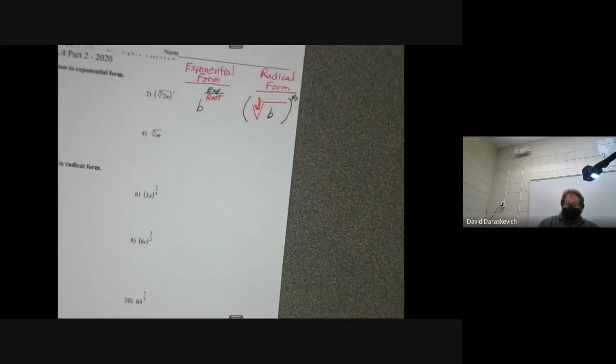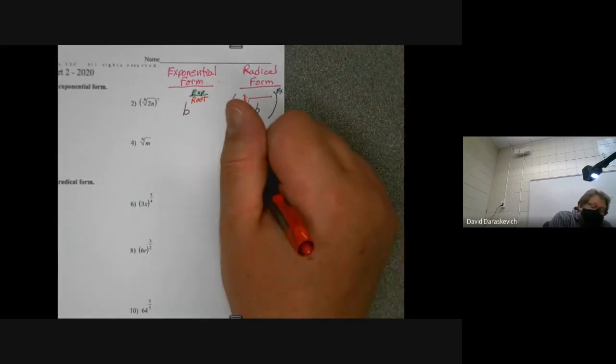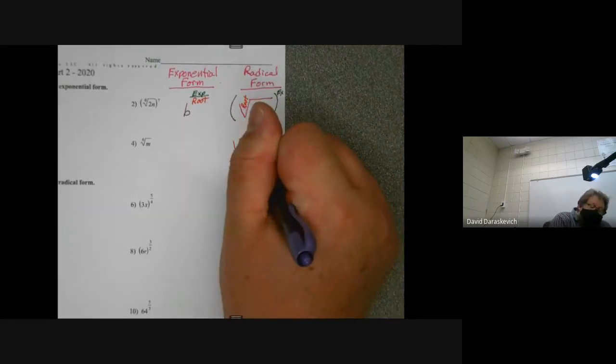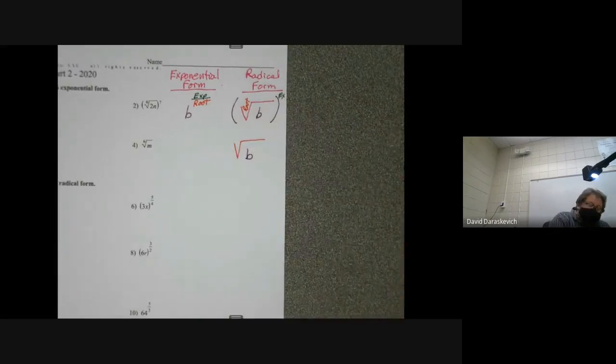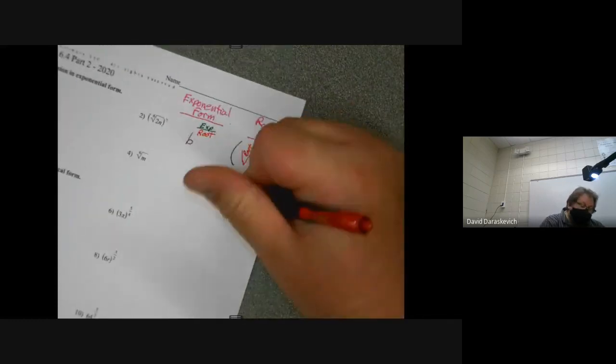Okay. Now, we used to write this as radical. My base was underneath the radical. My exponent was underneath the radical. And my root would be in here.